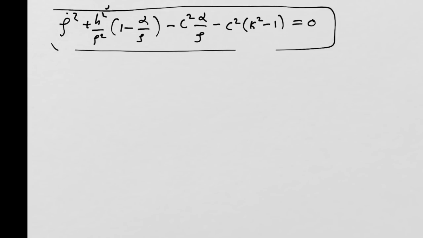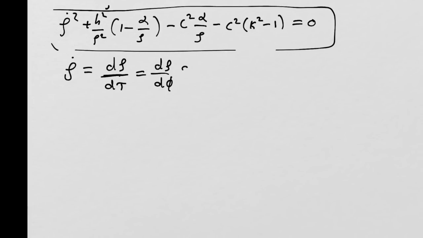All right, so the first thing to remember is that in this equation, rho dot is d rho d tau, the derivative of rho with respect to the proper time. Using the chain rule, that is simply d rho d phi multiplied by d phi d tau.